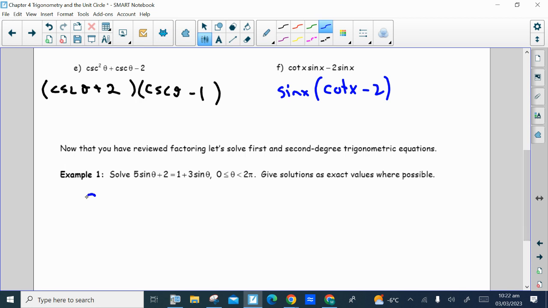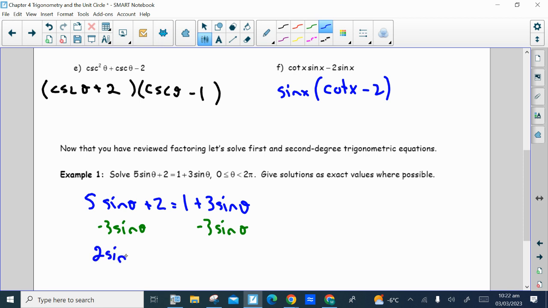So to solve this equation, we are first going to get the sine theta by itself. So I rewrote the equation and I will get sine theta by itself. The first thing I would do is subtract the 3 sine theta from both sides. So on the left, 5 sine theta, take away 3 sine theta, leaves us with 2 sine thetas.